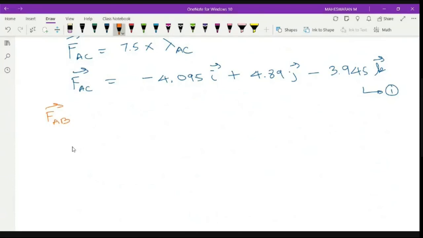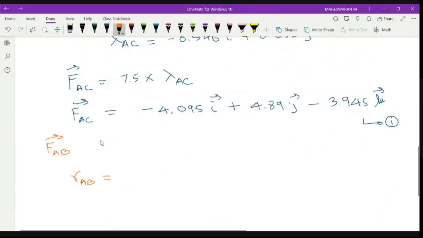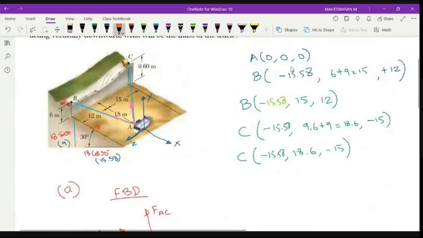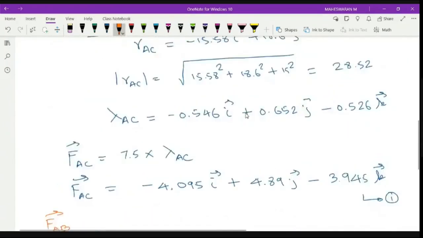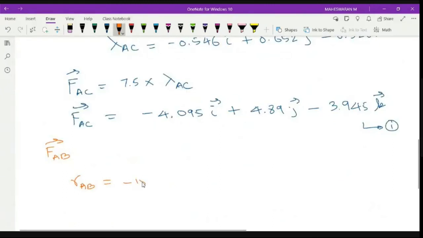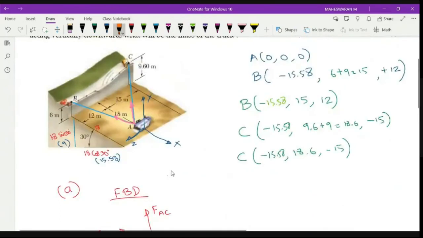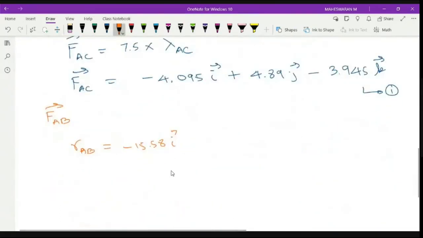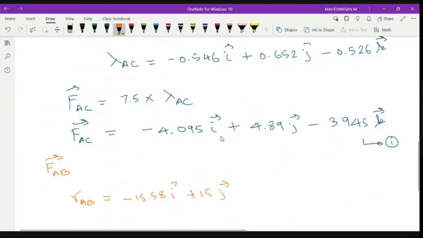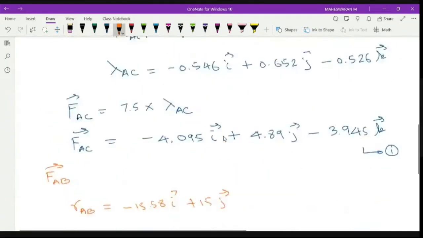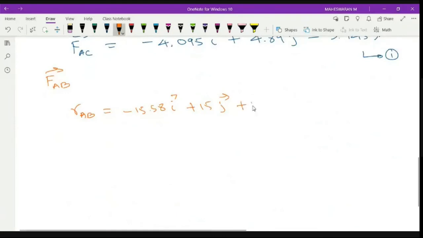So it is B coordinate minus A coordinate. So your vector AB is B minus A. So A is always all are 0, so I can directly write out what is my B value. So minus 15.58 I vector and 15 plus 15 J vector and your K vector is 12, so plus 12 K vector.